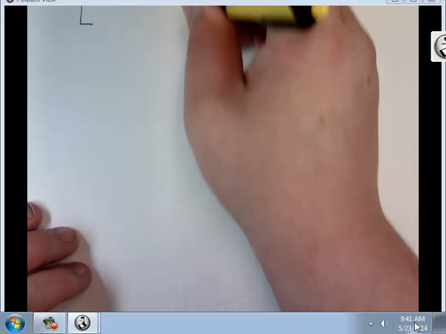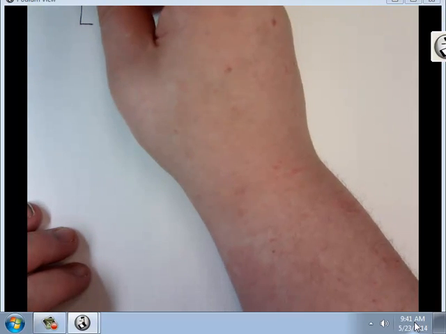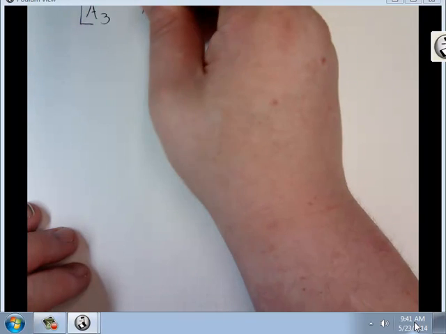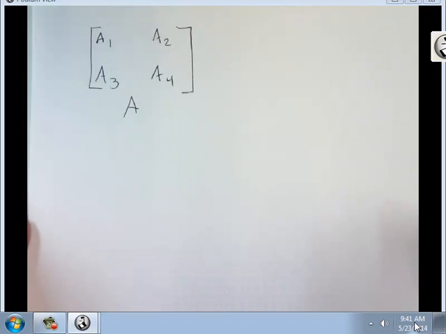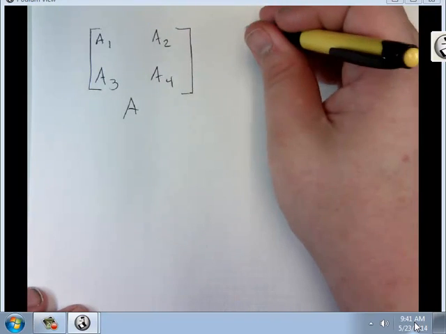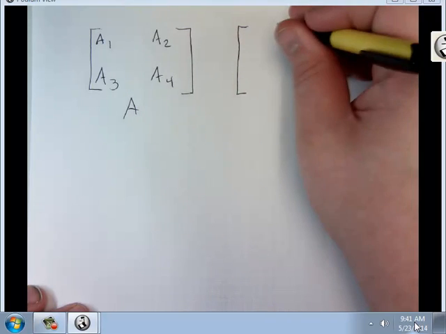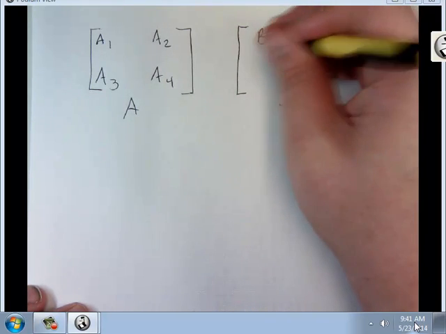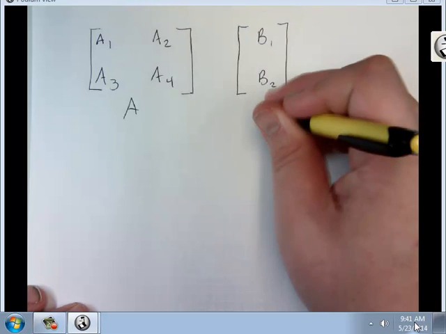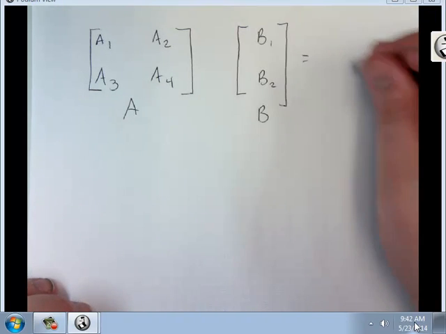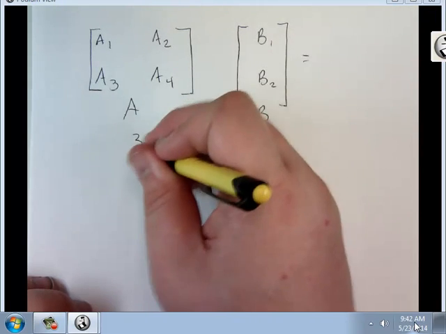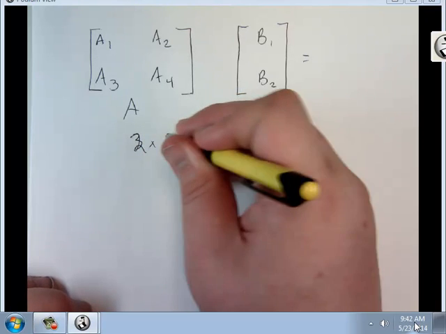Let's say we have A1, A2, A3, A4, and this would be matrix A. And we had B1, B2, this would be matrix B. Let's see, this is 2 by 2, and then this is 2 by 1.